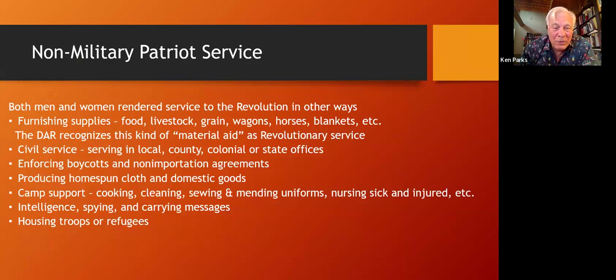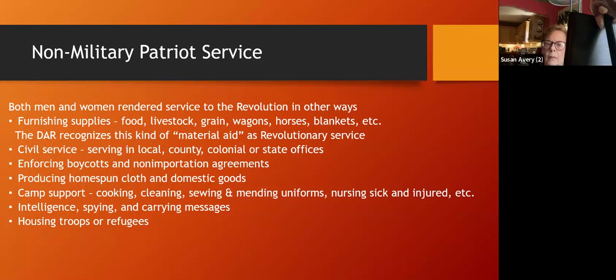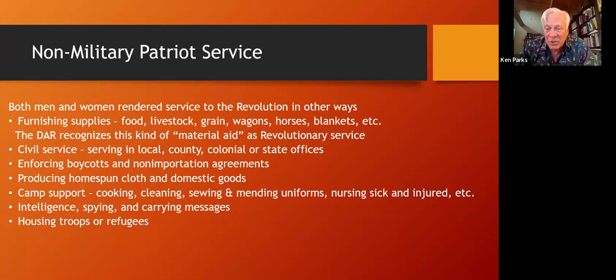And finally, we have to remember that there were many kinds of patriot service that involved things other than actually serving in the military. Both men and women rendered service to the revolution in many ways by furnishing supplies of all kinds.